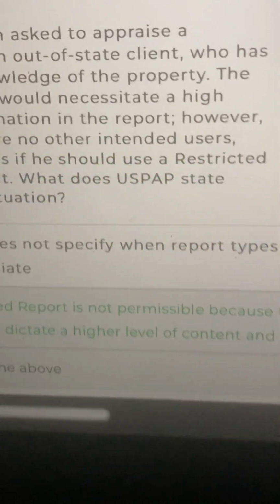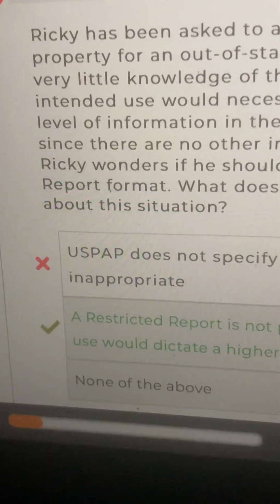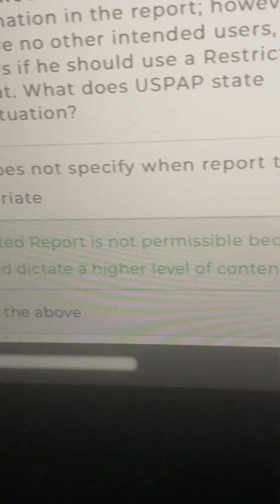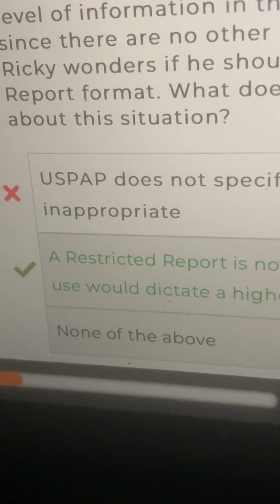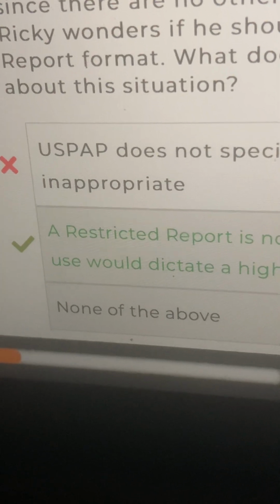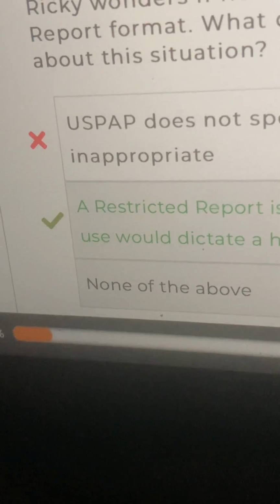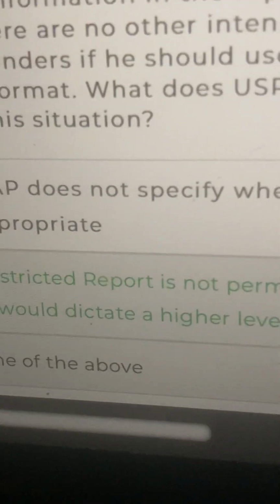What does USPAP state about this situation? You said A, USPAP does not specify when report types are appropriate or inappropriate, and that was incorrect. The correct answer was a restricted report is not permissible because the client and intended use would dictate a higher level of content and detail.